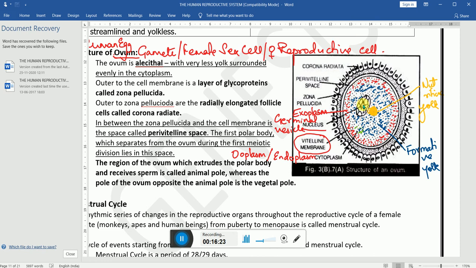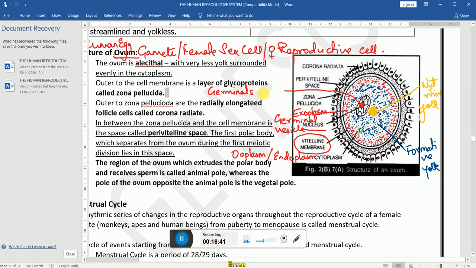And inside this nucleus there will be a nucleolus, and this nucleolus we call the germinal spot. So there will be a germinal spot inside.